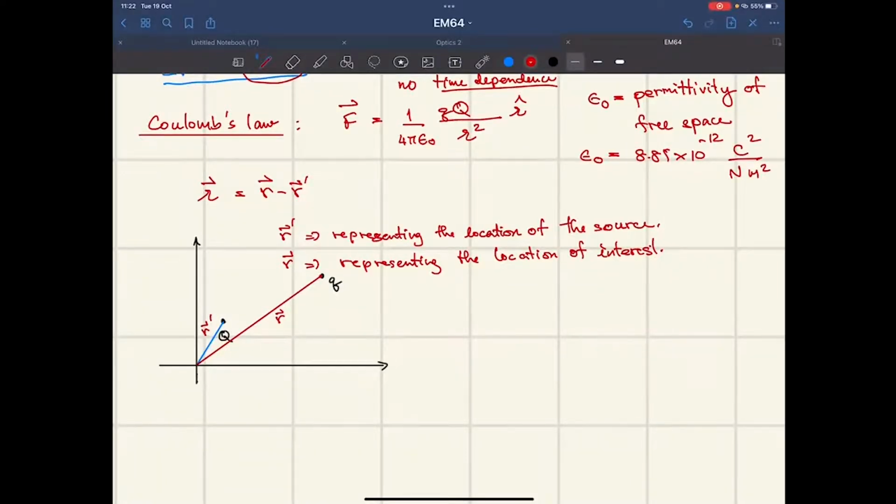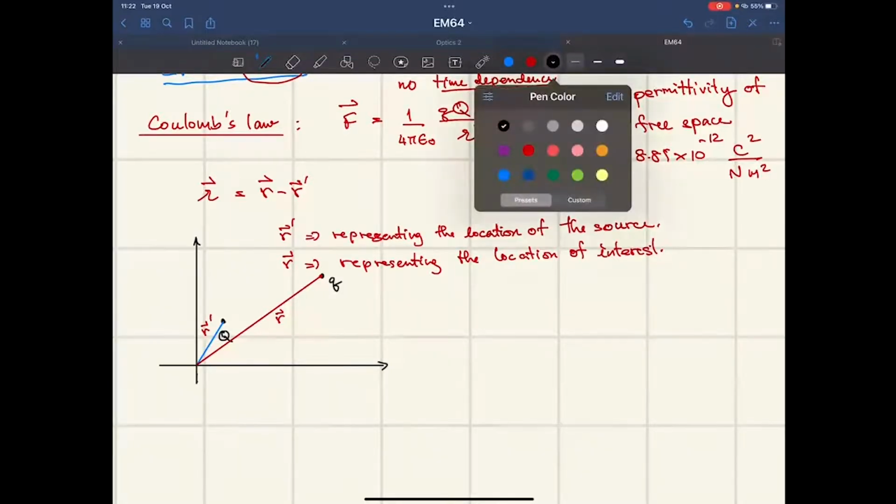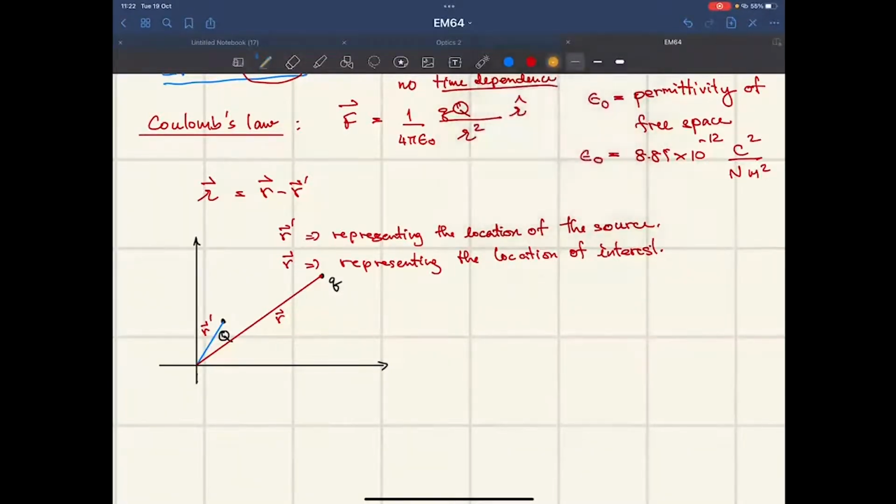Okay, so now we have another vector coming in. What is this vector here? This vector is the separation vector.